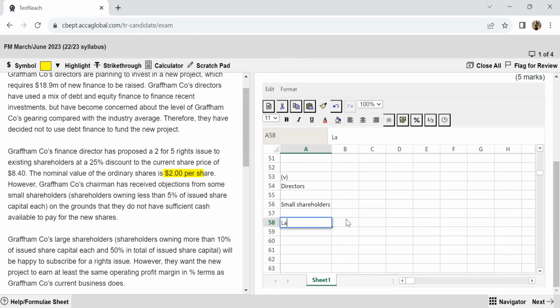Now let's talk about the large shareholders. It's said over here that the large shareholders own more than 10% of the issued share capital each, and they account for 50% of the total share capital issued by the company. For the small shareholders also, we could show a calculation of how much they can gain.